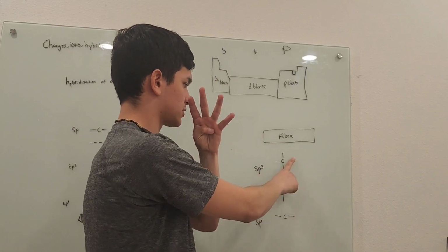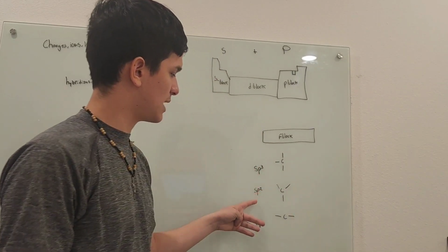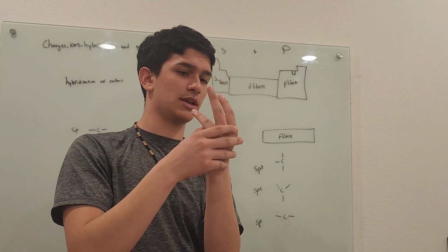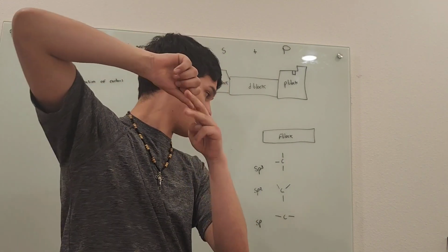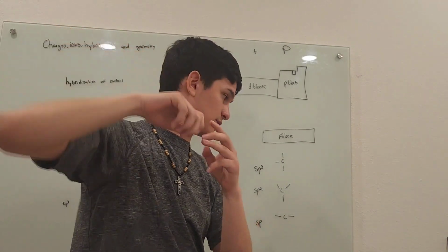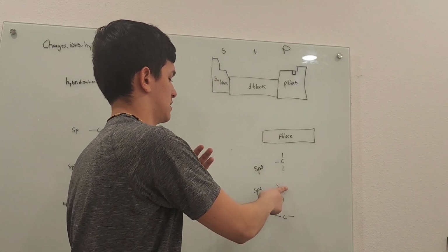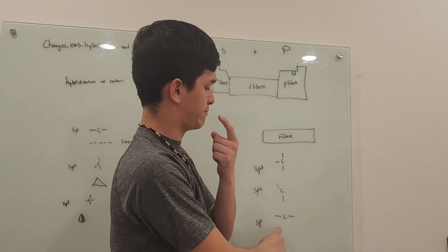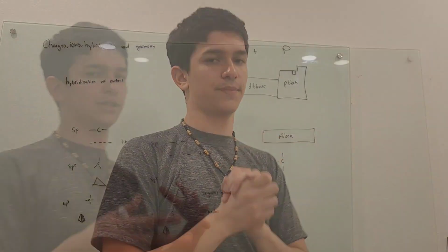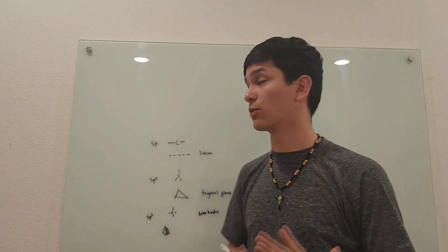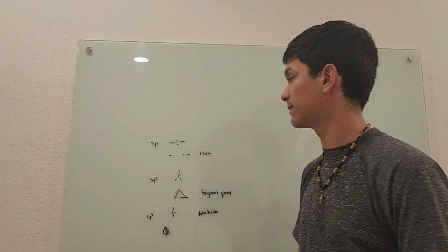If one of these bonds goes missing, it will be sp2 hybridized, and you're going to have two p's and one s. If one more goes missing, it's sp, and it's linear, so you're going to have two bonds.